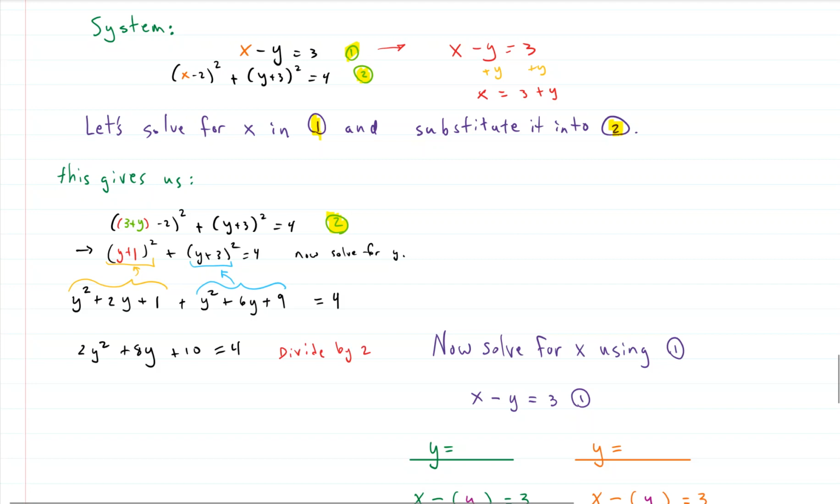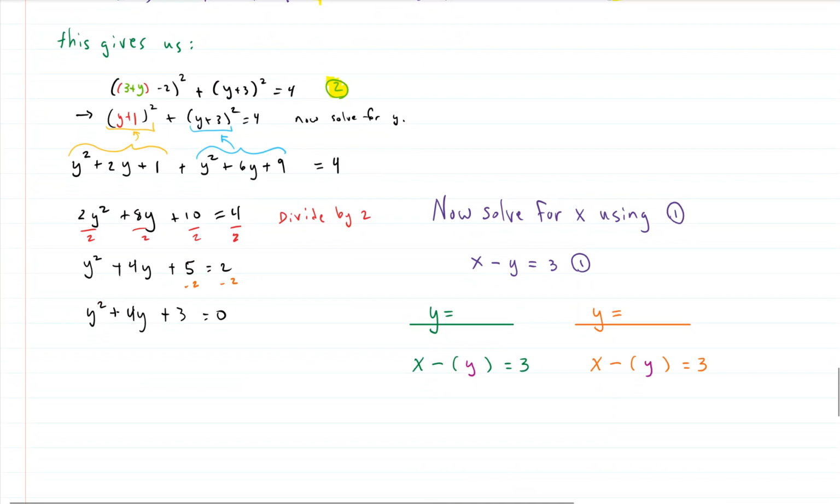If we divide by 2 everywhere, what does that give us? That gives us y squared plus 4y plus 5 equals 2. Let's take that 2 to the other side. We get y squared plus 4y, 5 minus 2 is plus 3, equals 0.